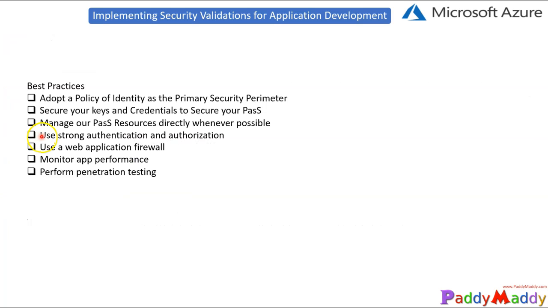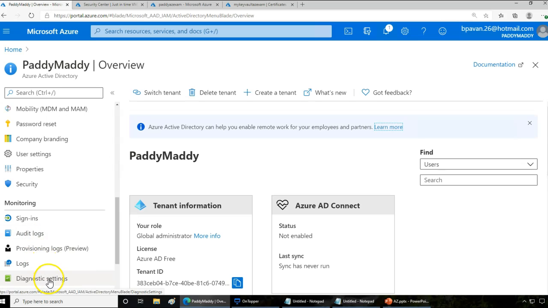And the next point would be using strong authentication and authorization. Definitely, authentication and authorization comes to Azure Active Directory. And if you remember, we talked about Azure Active Directory conditional access, which allows us to implement additional security measures based on our location and sign-in risk, and might require our users to use something like multi-factor authentication to access our resources.